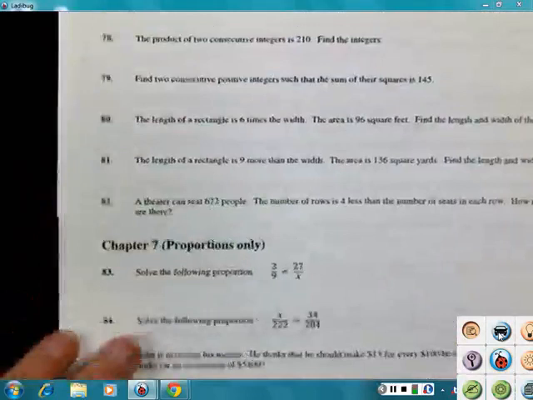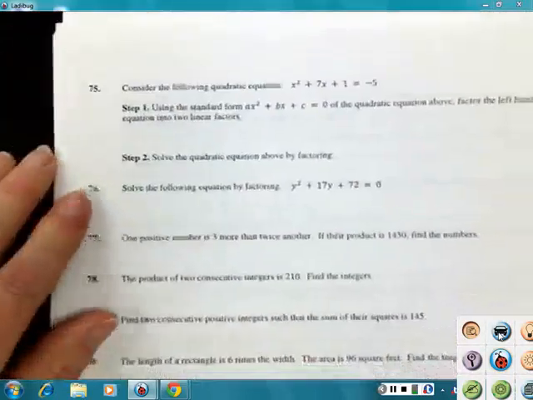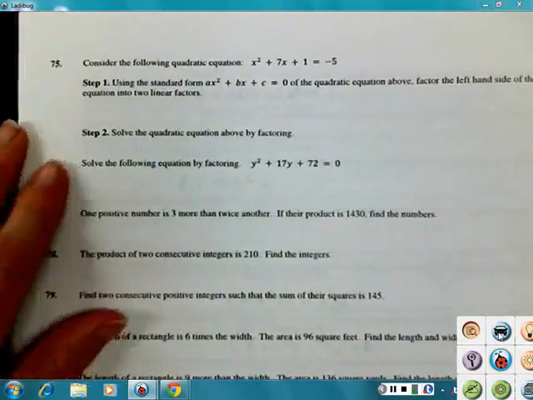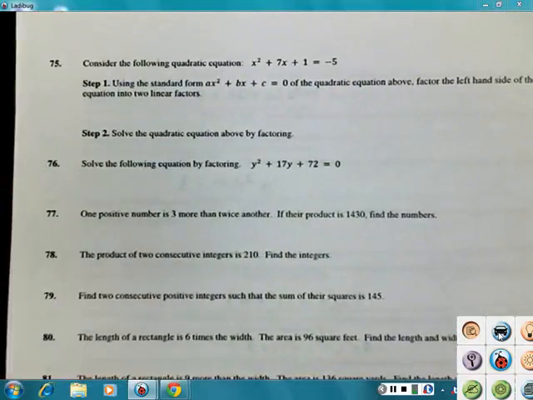And then we got this quadratic thing here. My paper's down here. It says, consider the following quadratic. Step 1, using the standard form of the quadratic equation above, factor the left-hand side of the equation into 2 linear factors.